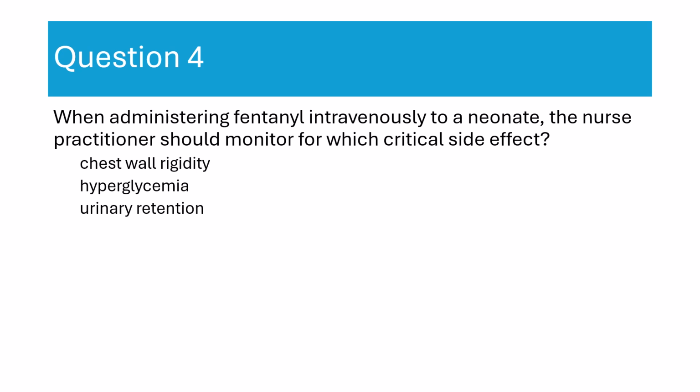Chest wall rigidity is a significant and potentially life-threatening side effect of rapid IV fentanyl administration that may require muscle relaxation to allow ventilation. Hyperglycemia is incorrect because fentanyl does not typically cause significant changes in glucose levels. Urinary retention is incorrect because, while it can occur with opioids, it's not the most critical side effect to monitor for with fentanyl administration in neonates.